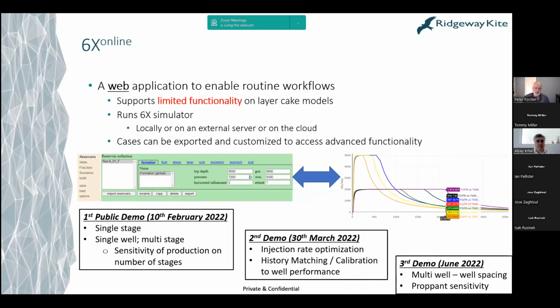And this supports a limited amount of functionality on a layer cake model, but it lets you quickly set up a model, run it, evaluate the results, and then you can export that model and you could substitute the layer cake model that was built by the online tool with the real geological model from Petrel or wherever your models are built. You could add in additional functionality to make that model more sophisticated, building on the underlying characteristics that were set up in 6Xonline.